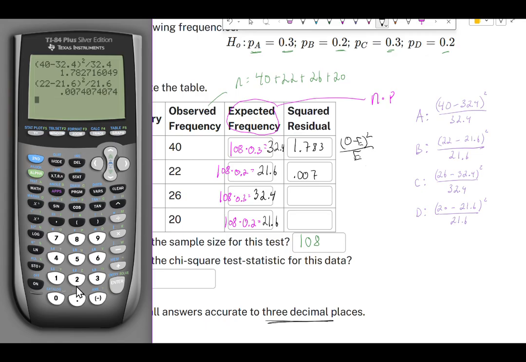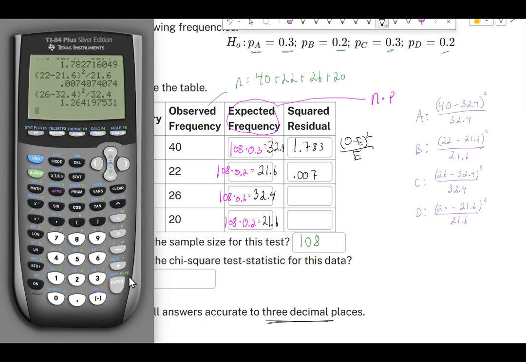The next one is 26 minus 32.4. I forgot the parentheses, so we'll go back in here and insert the parentheses, squared, divided by 32.4.